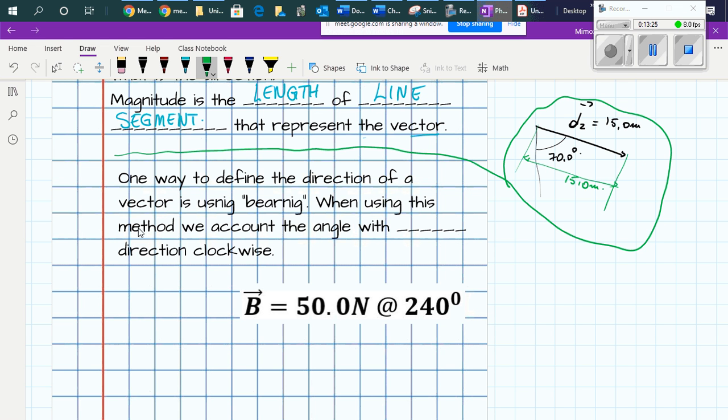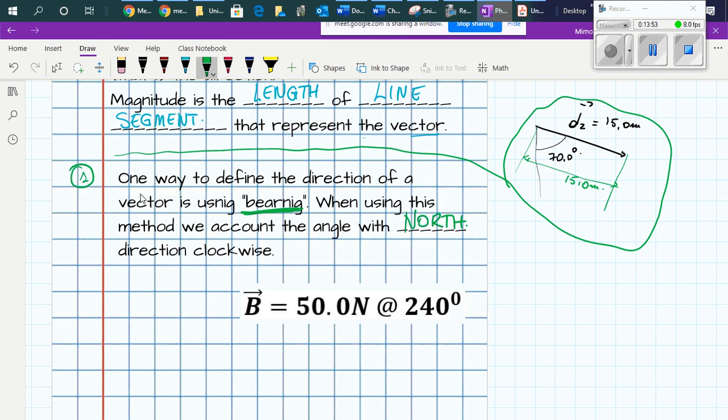So now the direction part is defined in different ways. The first way is known as the bearing. Bearing is the angle with the north axis, but when we are moving in the clockwise direction.